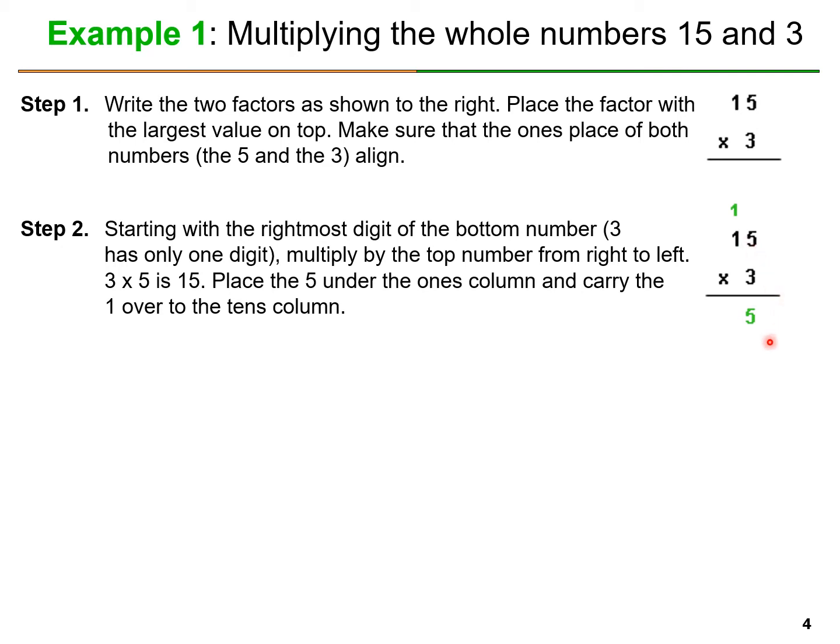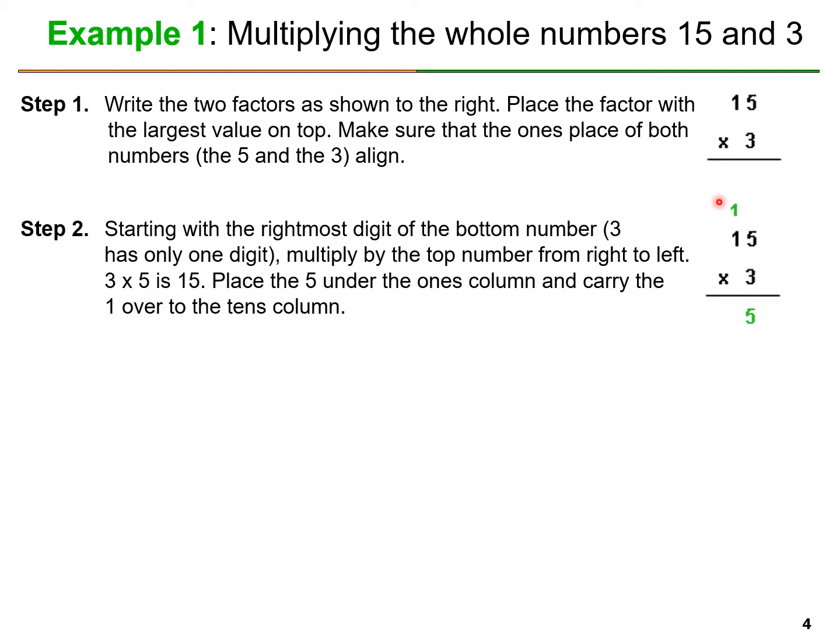Now we place the 15 that we just got, not this 15 here, but this 15, 1, 5. Now the 5 in 15 is in the ones place. We put the 5 in the ones column.